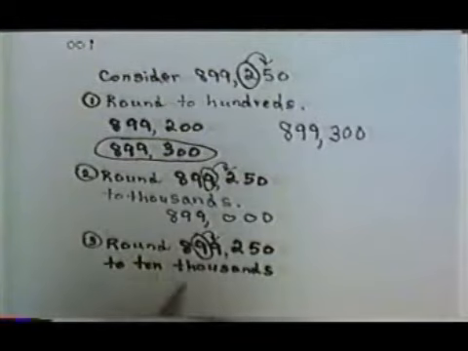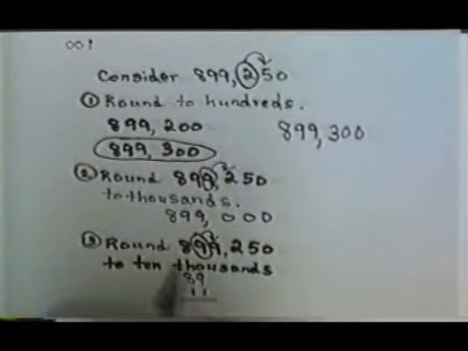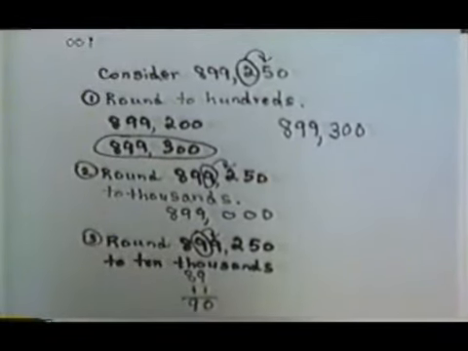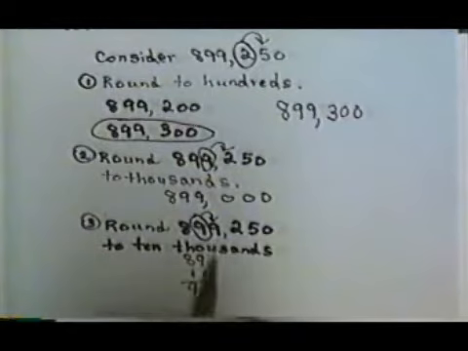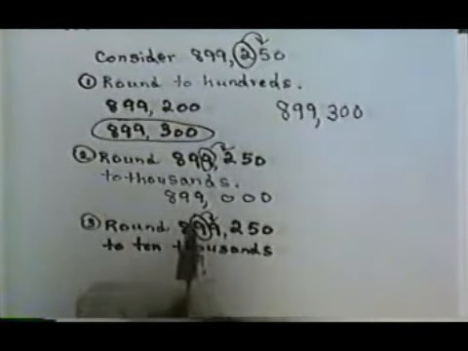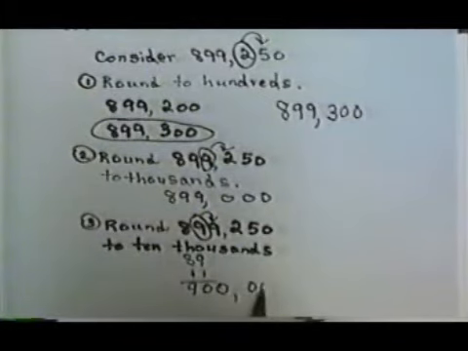When you go up 1 on that 89, it's a little different because you actually have to carry it over and make that a 90. So instead of writing 89, we go up 1 and write 90, and then we have to fill in everything beyond that place with zeros. So we put a 0 here, and then 3 more zeros. And so 899,250 rounds to 900,000.